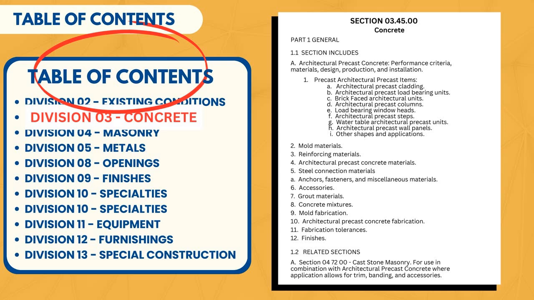And so sometimes we might see things like earthwork found in Division 31 much further back in the specification than we would anticipate, rather than being up in the front when we originally planned to rough grade or finish grade a project site. So just take it with a grain of salt, but identify that there is a method to the madness and that this organization is really so that you know quickly that whenever you want to look up something in concrete, that is going to be in Division 3.